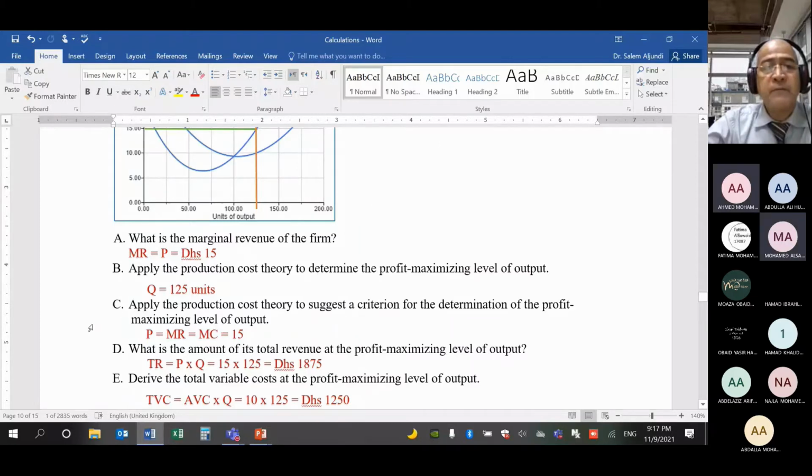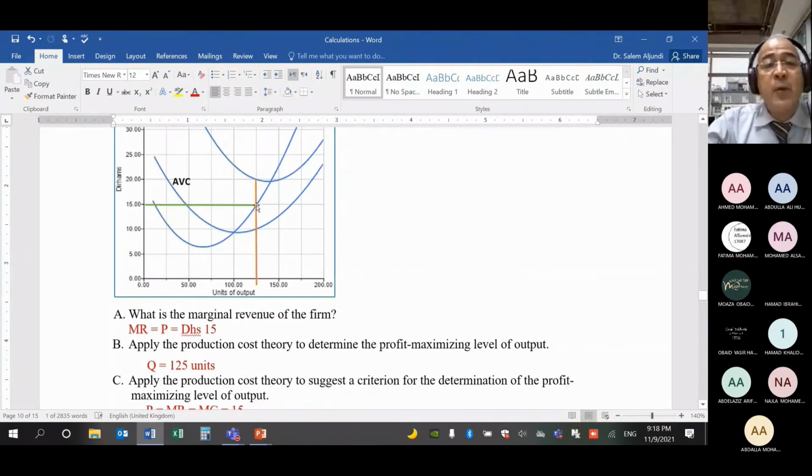Apply the production cost theory to determine the profit maximizing level of output. Okay, so what is the profit maximizing level of output? What is the best or optimal level of output which maximizes the profit? Look at a dot in which the price equals marginal revenue equals marginal cost.